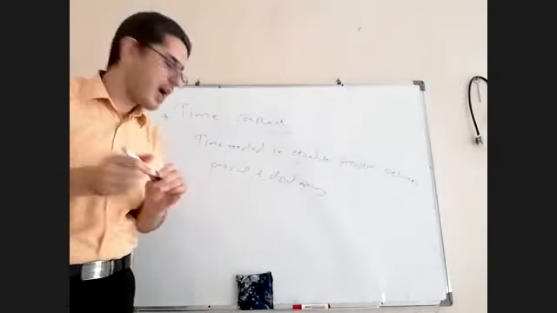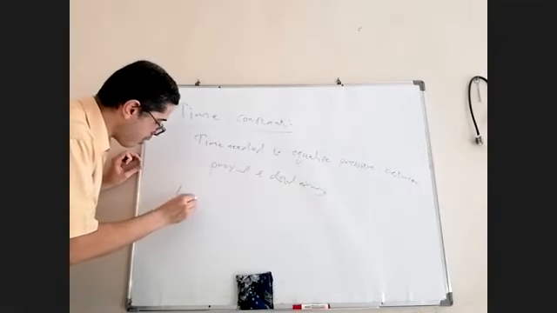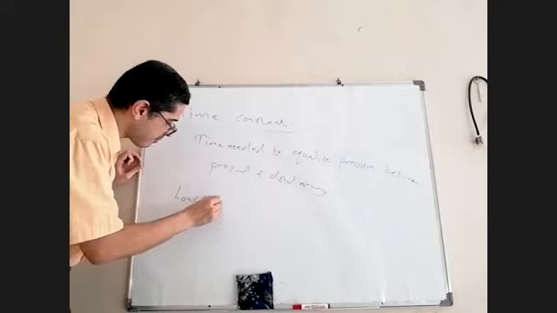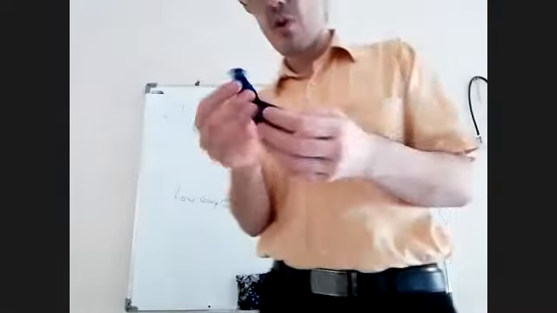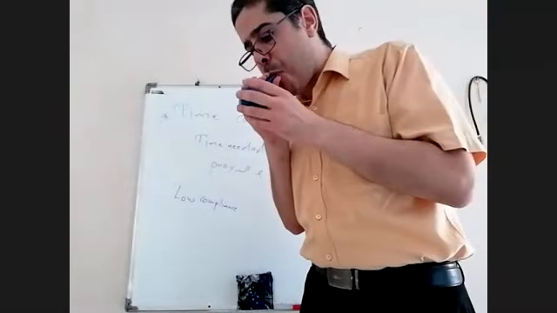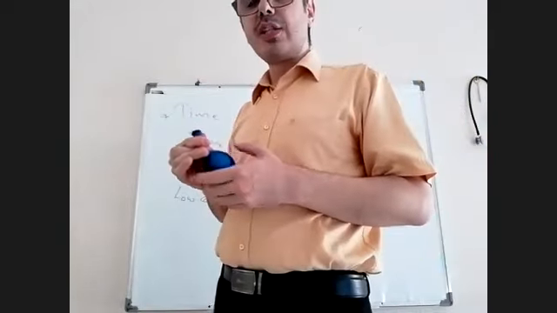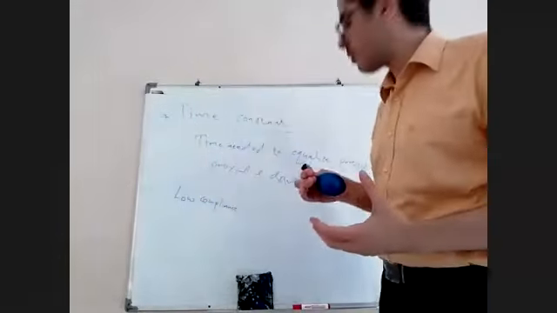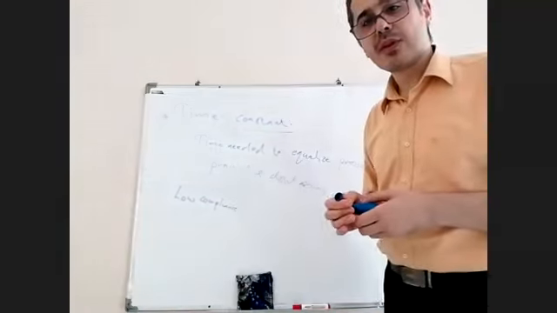Now, if I have low compliance, for example, let's say this balloon has low compliance, cannot inflate anymore, do you think the time constant is low or high? When we have low compliance, time constant is low.